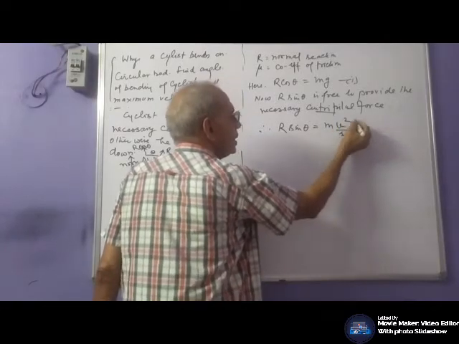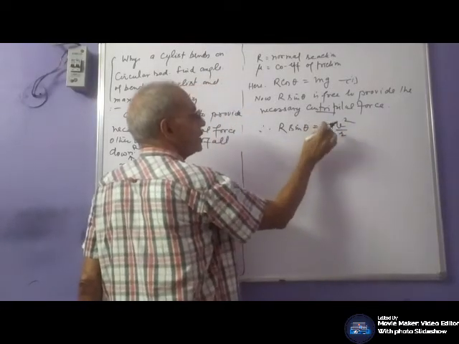This v square by r was centripetal acceleration. F is ma.